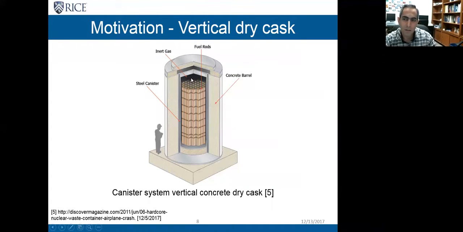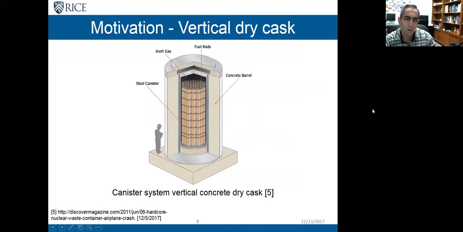And then the canister is inserted into the cask, and it remains there. The vertical casks have air vents on the bottom and on top, and airflow through the bottom of the cask and then exiting from top of the cask cools down the structure, cools down the spent fuel.